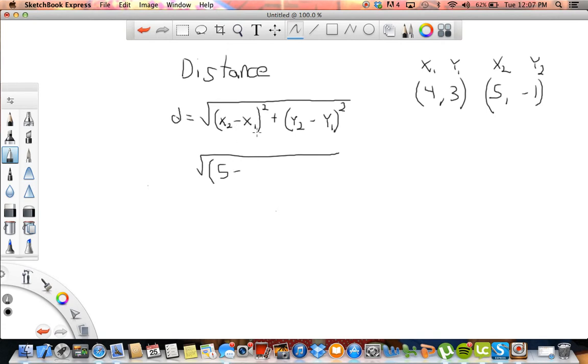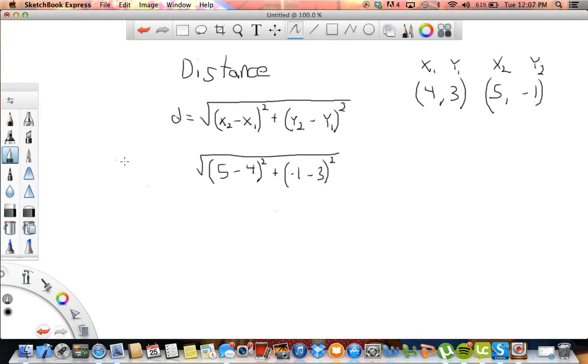Now we do x sub 1. X sub 1 is 4. So put that right there, close off my parenthesis, and I square it. Plus, bring the plus sign down, then I open up another set of parentheses. Now I've got to put y2 in, which is negative 1, and then minus y sub 1, which is 3. And then I close off my parentheses and I square it.